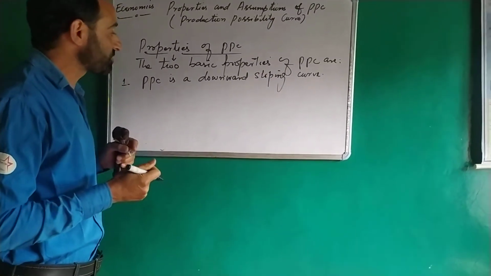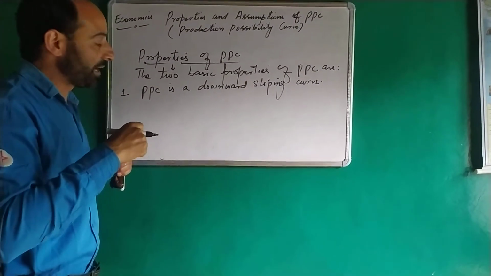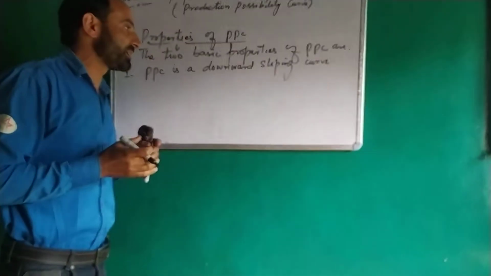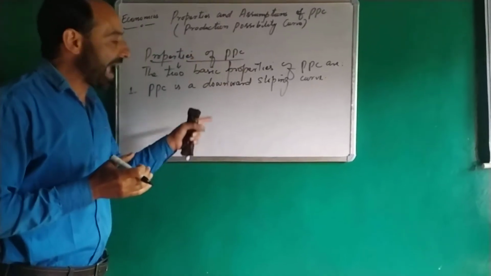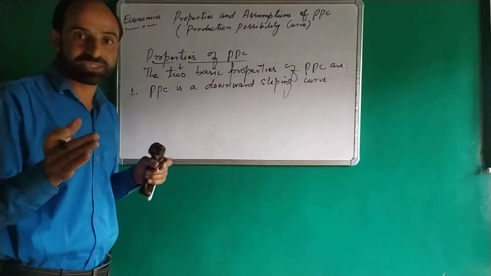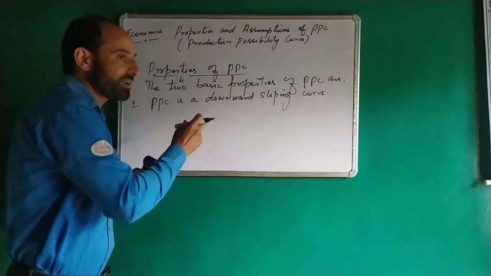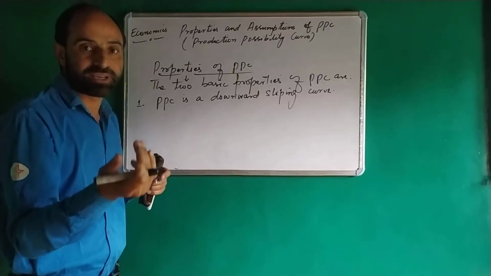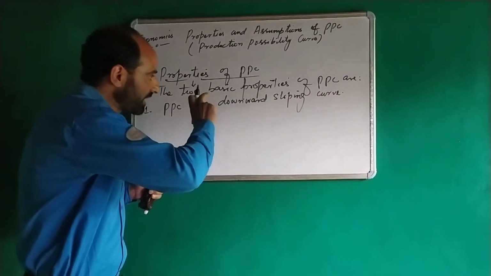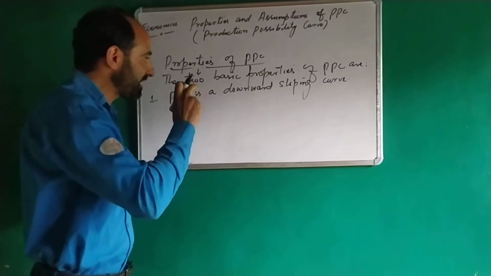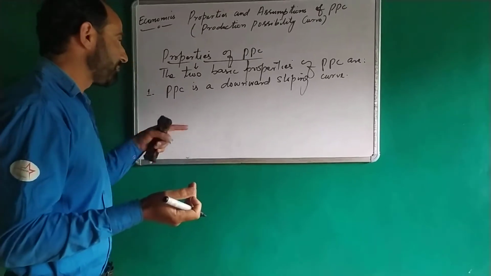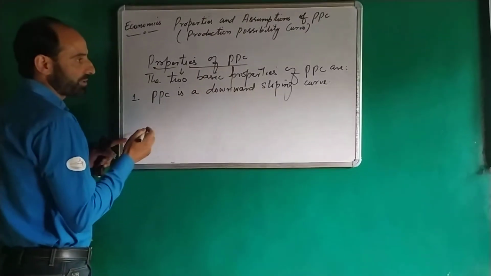Why is this a downward sloping curve? Because there is an inverse relationship between the two commodities which are shown on x-axis and y-axis. This inverse relationship means that when quantity of one commodity increases, the quantity of other commodity decreases. Because of this inverse relationship, this PPC slopes downwards from left to right. This is the first property of PPC.